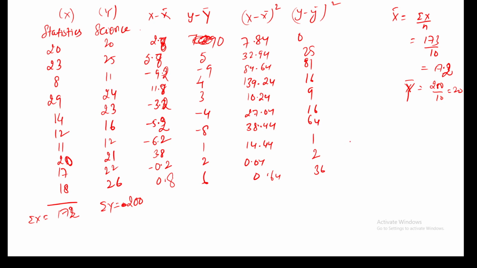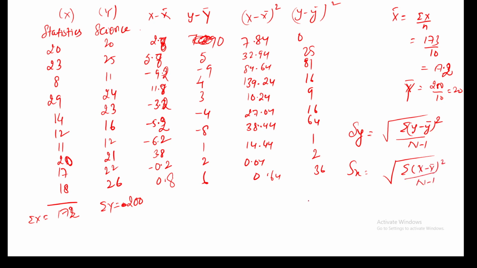Now you can apply the formula. First will be the Sy, root under y minus y bar whole square by n minus 1. Sx will be x minus x bar whole square by n minus 1.